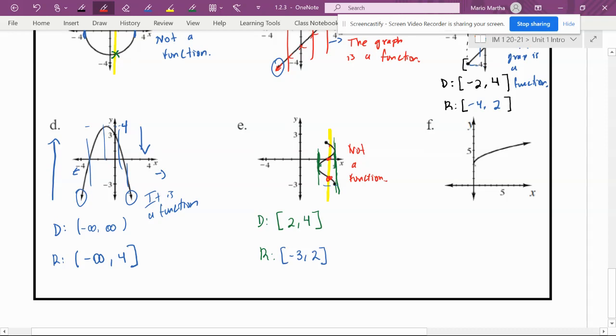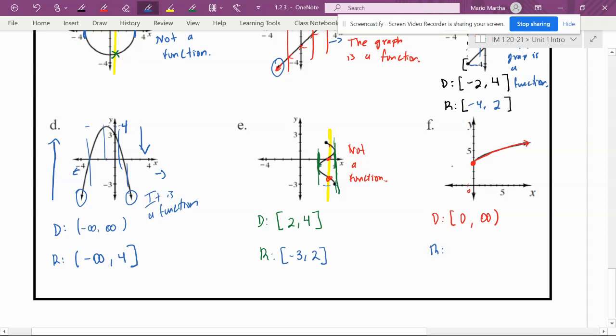All right. And then the last part right here, we have pretty much a starting value right there. It should be a closed circle, and then we go to the right of that. So here, if you notice, that's the center, right? 0, 0, the origin. So here we can say the domain starts, that would be a closed circle, so a closed bracket, and then at 0, and then since we never stop going to the right, it would be positive infinity. And then the range, which is what's the lowest value.